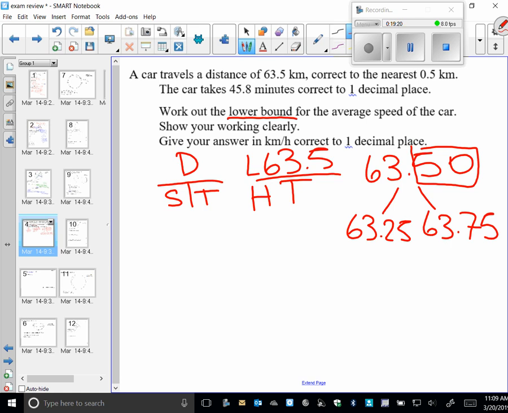Can I just pause you there? That's totally correct. Girls, that's something that we didn't do many of those. Most of the time we did things like add 5 and subtract 5, because we were rounding to the nearest 10, if you like, it was either 1 decimal place, 2 decimal place, or 3 decimal place, or significant figures. But for this one, because it's rounding to the nearest 0.5, then it's a slightly different method.